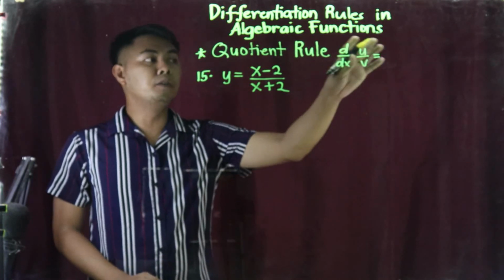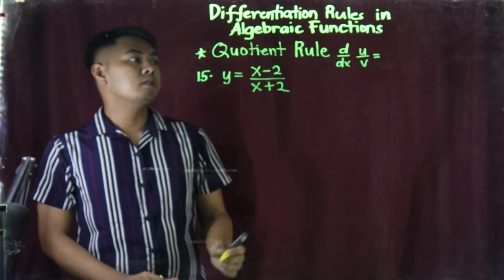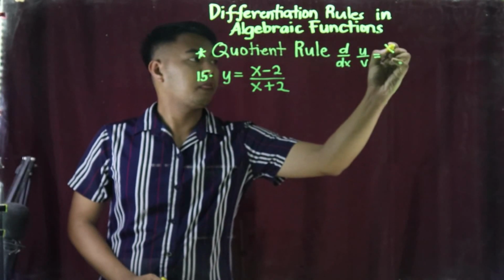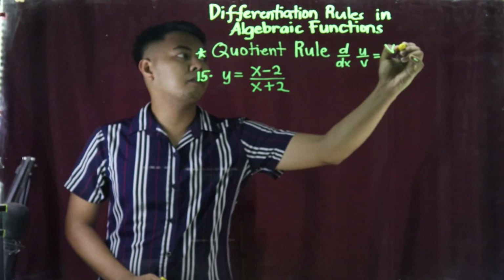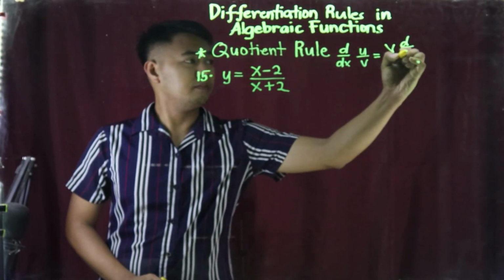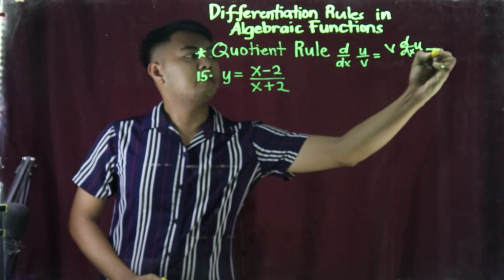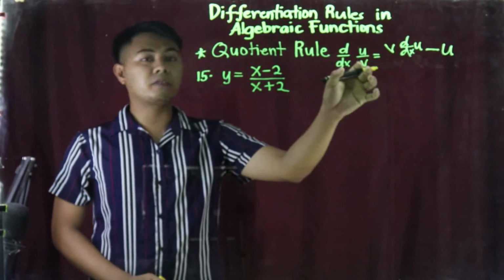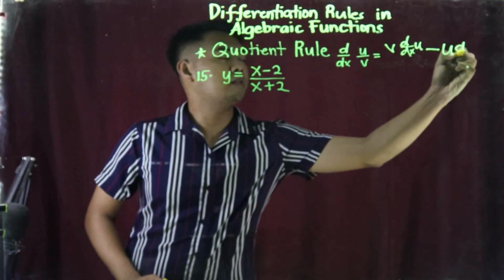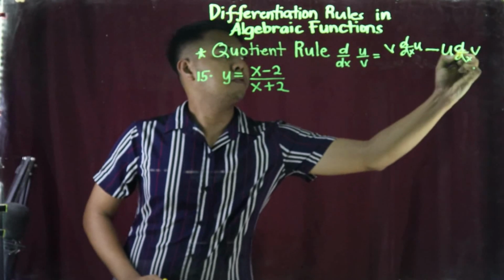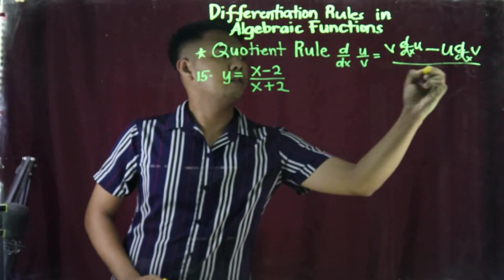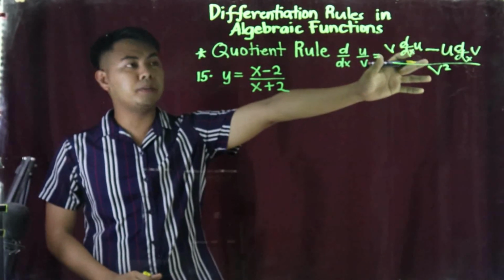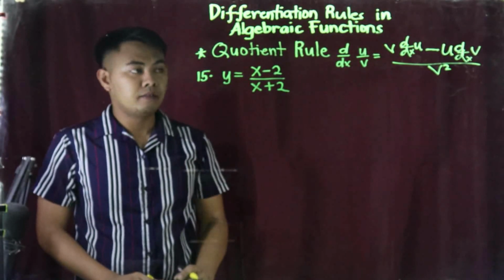So the derivative of u over v: just simply copy v times the derivative of the numerator, or the derivative of u, minus copy u, copy the numerator, times the derivative of v, all over v squared.